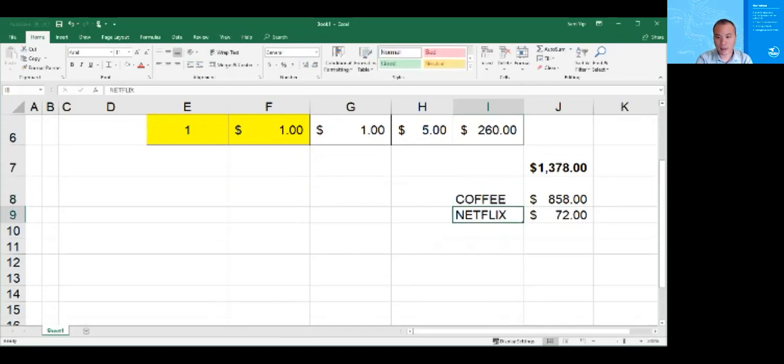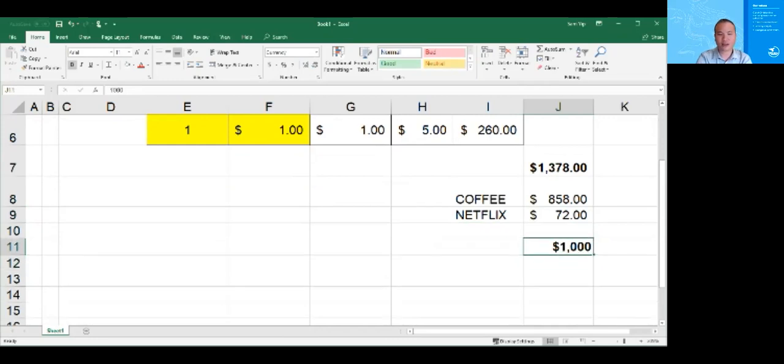And then a few other leaks that you have. I think it's quite easy for us to all calculate up to $1,000 a year worth of leaks. And you might think $1,000 a year, yeah, that's a good amount of money, but it's still not massive.